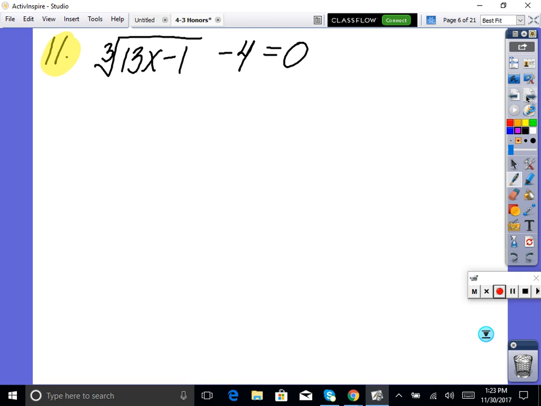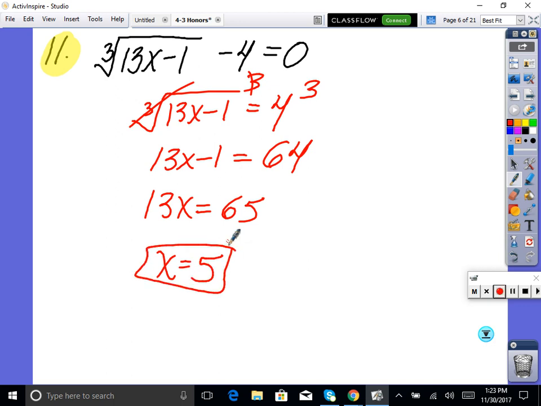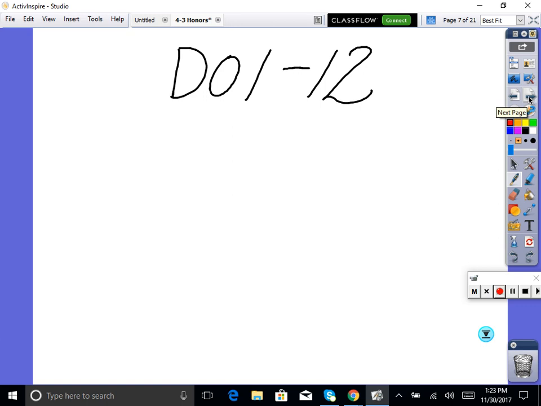Add 4, then you'd cube it. Not cube it, you cube both sides, right? Okay, go for it. Does anyone have questions? Pretty straightforward, right? We're in the kiddie pool right now. Let's stick in the kiddie pool for a minute. 1 through 12, go for it.